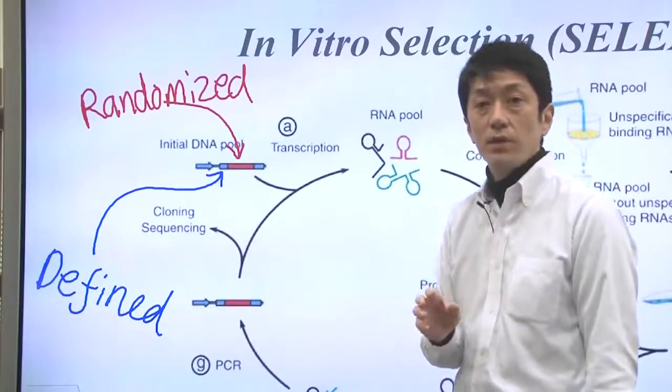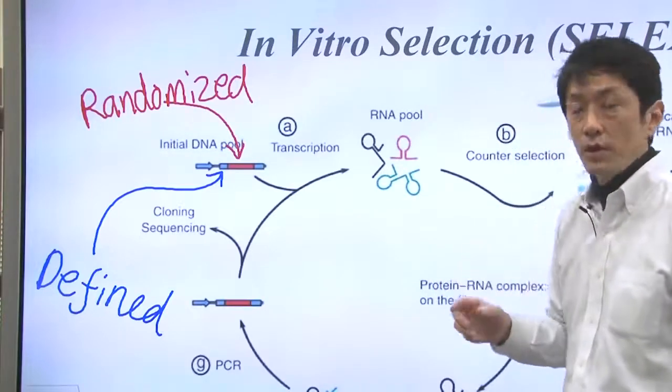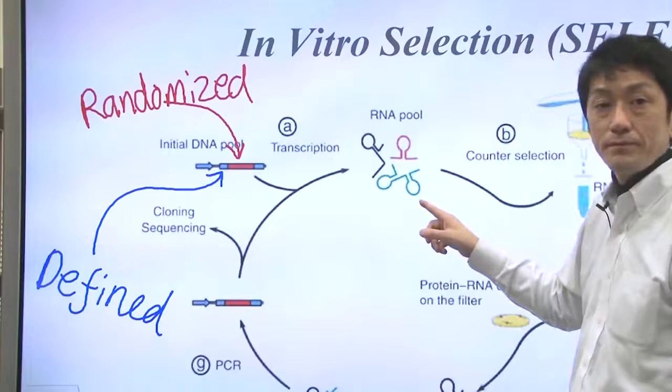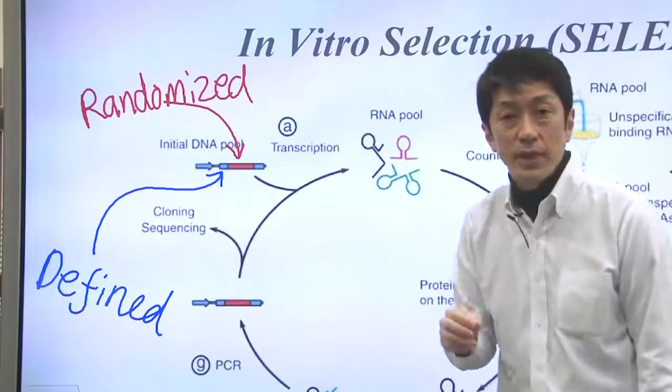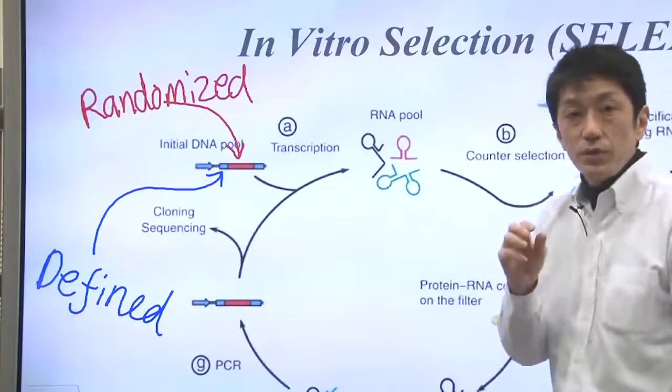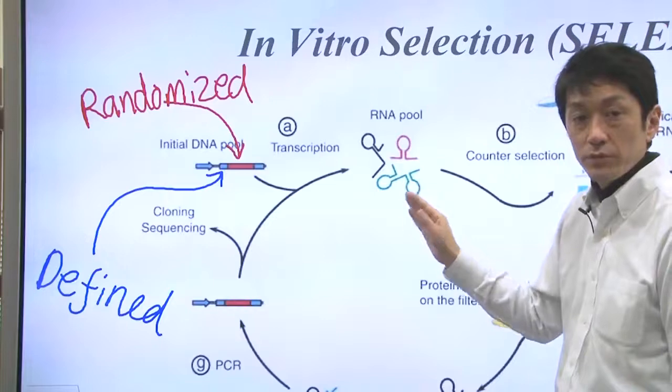This DNA library will then be converted into an RNA library by introducing a special enzyme called transcriptase. Now you have an RNA library. It's ready for selection.